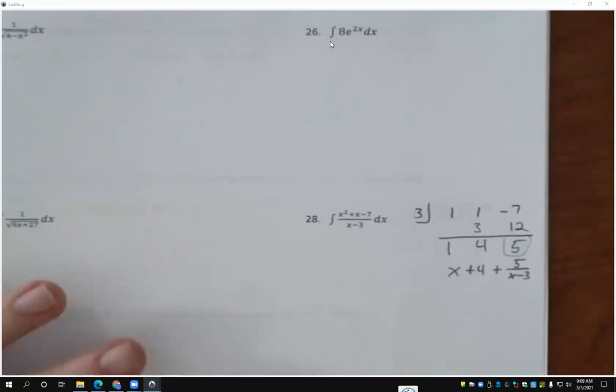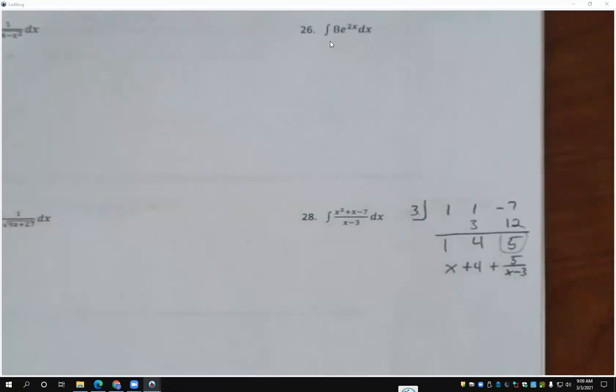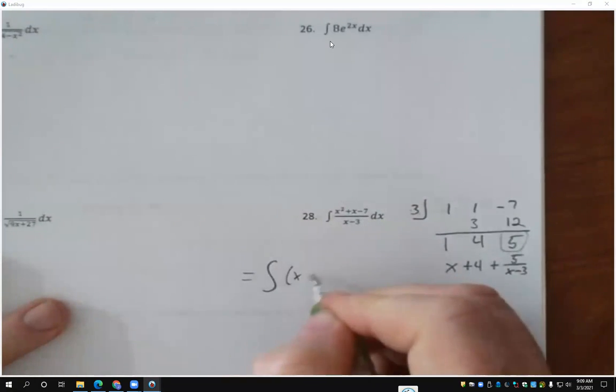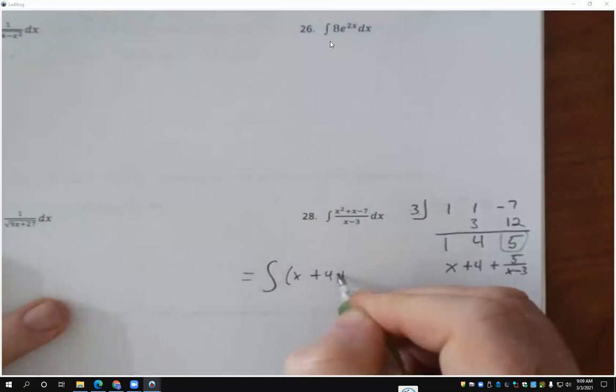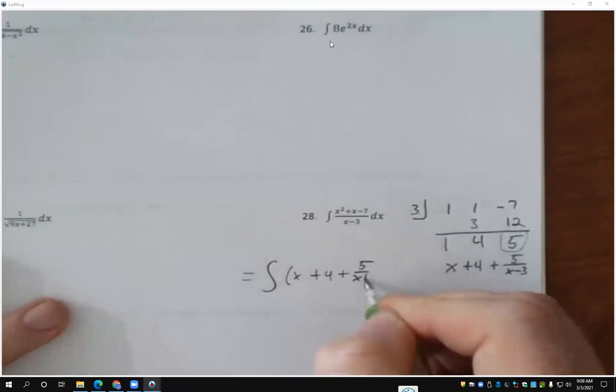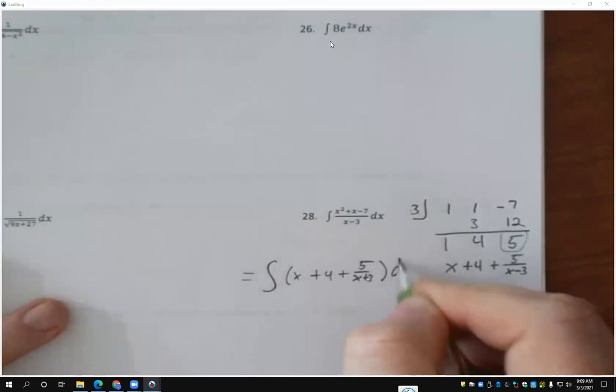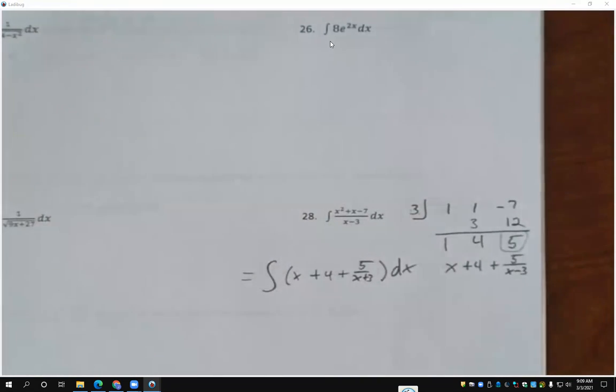And so I'm just going to integrate that. Now, I have always written it as 3 separate integrals. You don't have to. You can write one integral and write x plus 4 plus 5 over x plus 3 dx, like so. And then you're just going to take the antiderivatives of each piece individually.